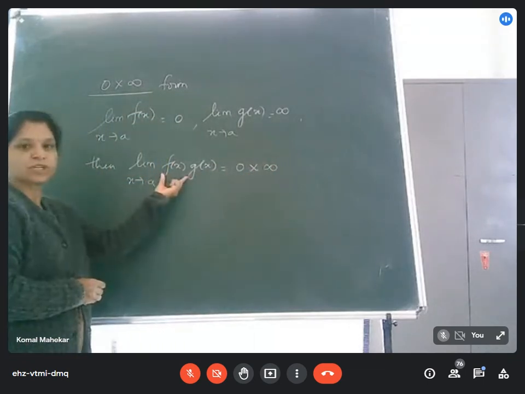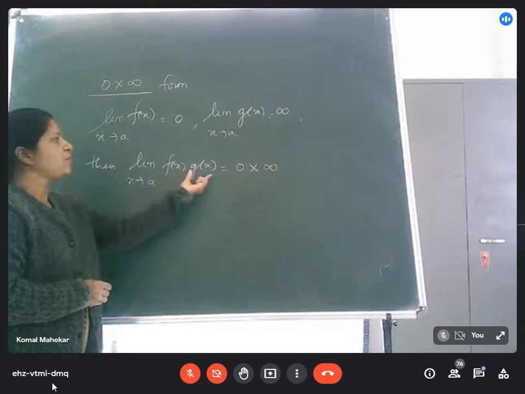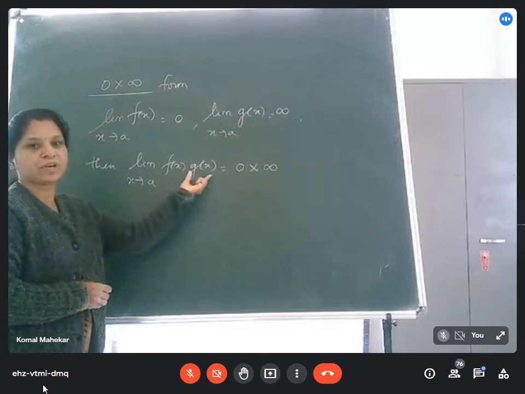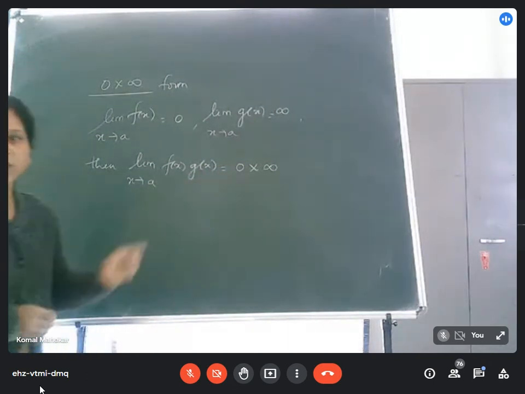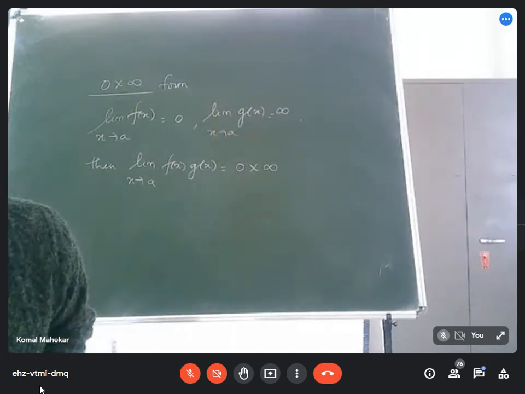Limit of this function fx is 0 and limit of second function gx is infinity. Therefore, their product is in 0 into infinity form.